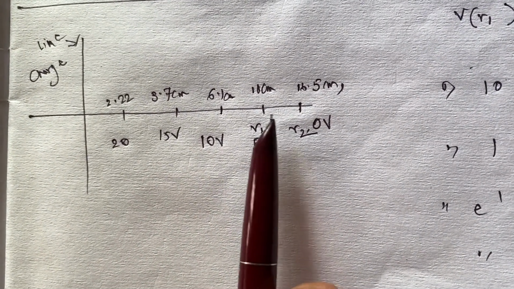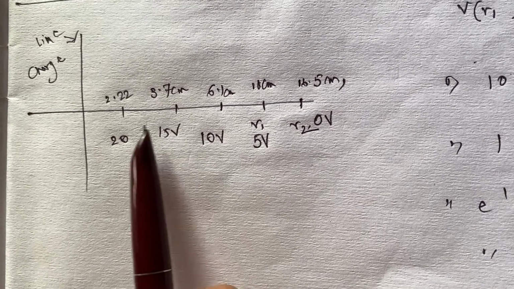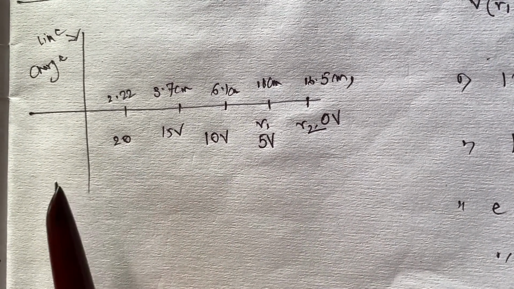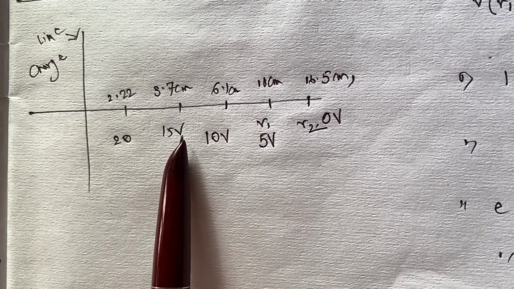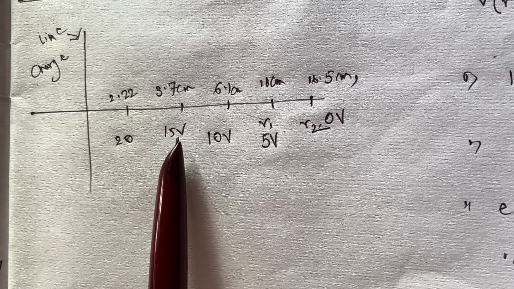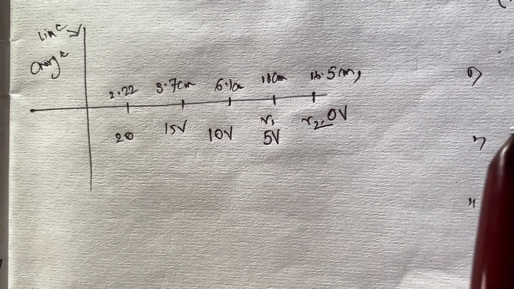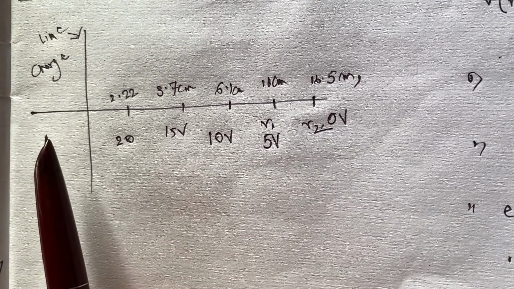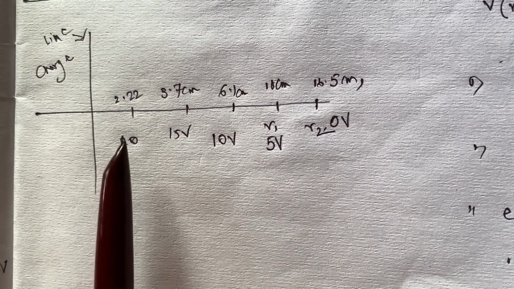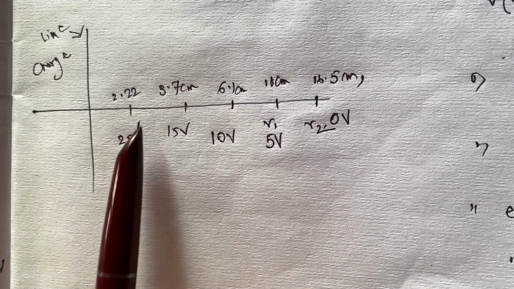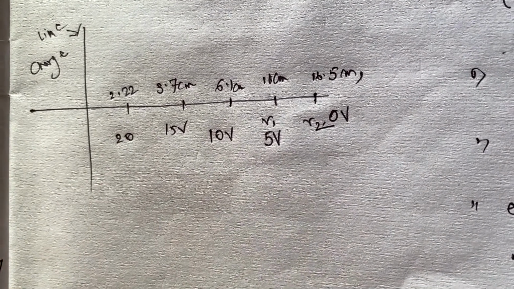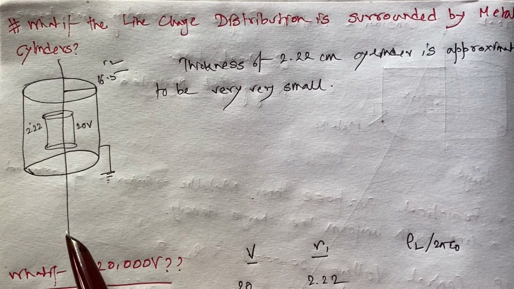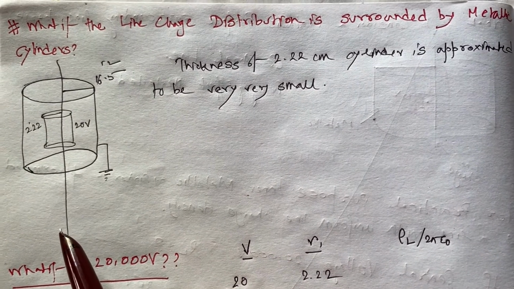Similarly, for closer values of R1, the potential successively increases. That means the electric field is outward, and the potential is increasing leftwards. For example, at 2.22 centimeter, the potential is 20 volt. Now what if this line charge distribution is surrounded by metallic cylinders?